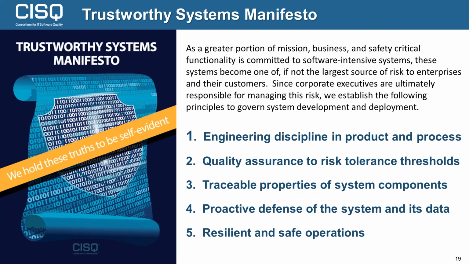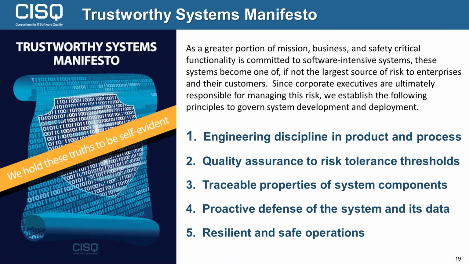You know, what kind of engineering discipline is sufficient in both product and process to reduce the risk? What are you doing about ensuring that the quality of the software we're putting out in our products and in our critical business activities is at least able to perform to the level of risk that the business can tolerate? Do you know where all these system components are coming from? Do we have license issues? Do we have vulnerability issues?